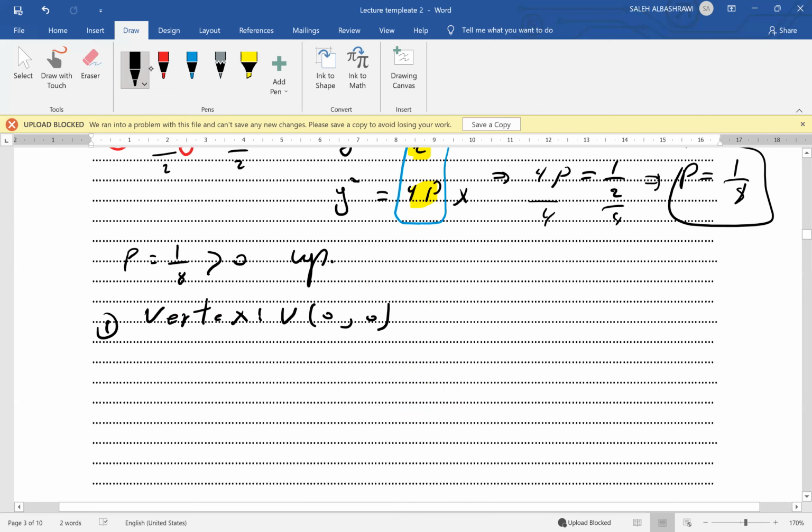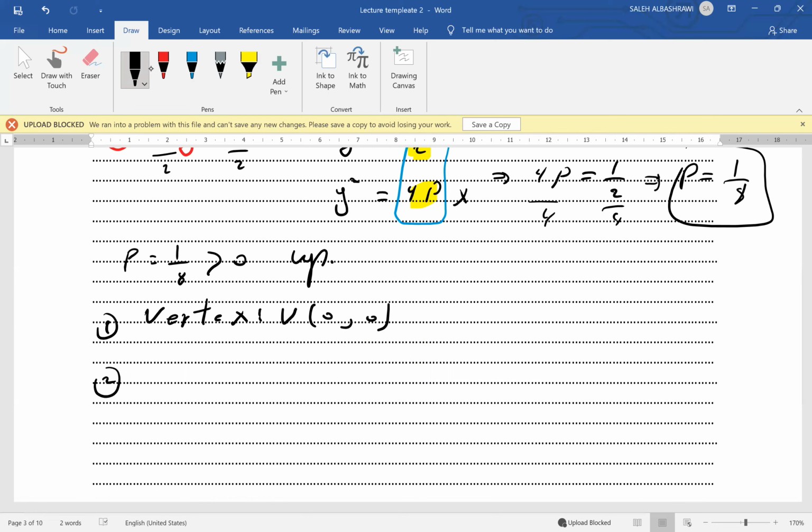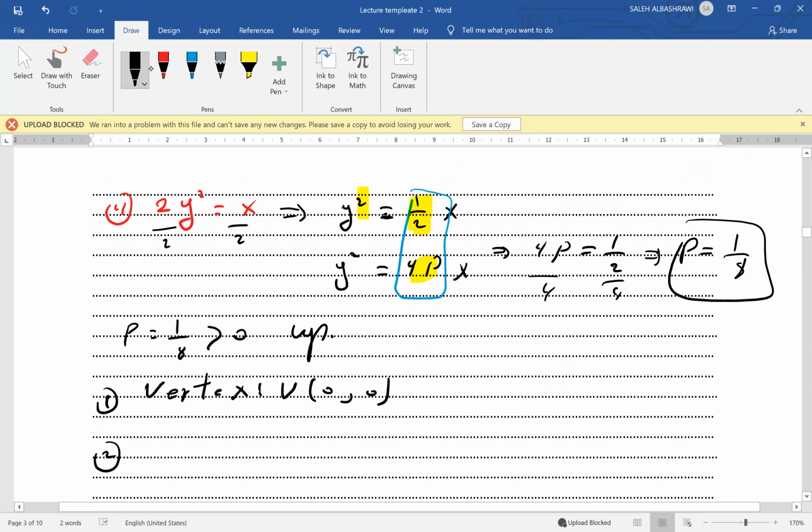Number 2. No, it is not upward. This is to the right. It will open to the right. Vertex 0, 0.